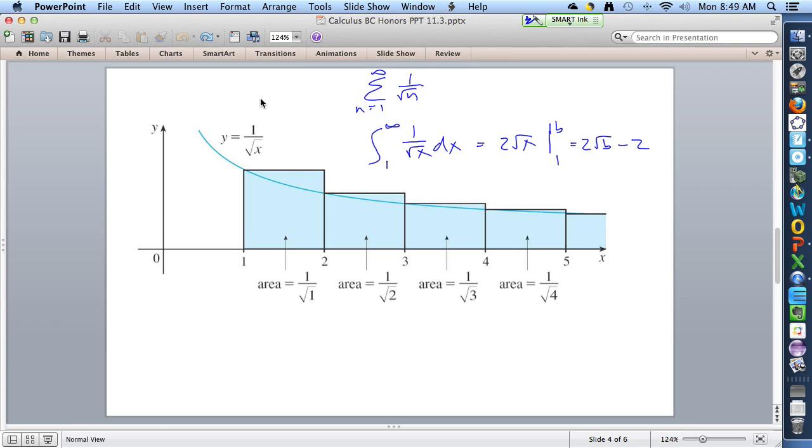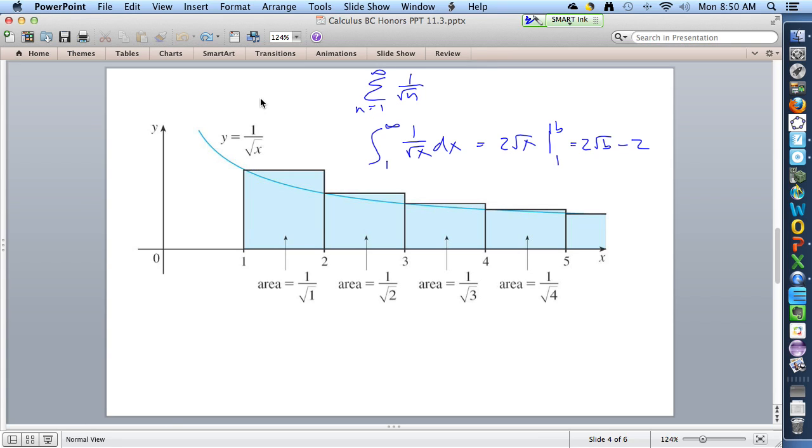I don't know that we need the second. No, just the first derivative, and as long as you show the first derivative is always negative, then we know that the function is decreasing. Yeah, okay, good. We're not going to worry about proving that right now. We see visually that this function is decreasing.